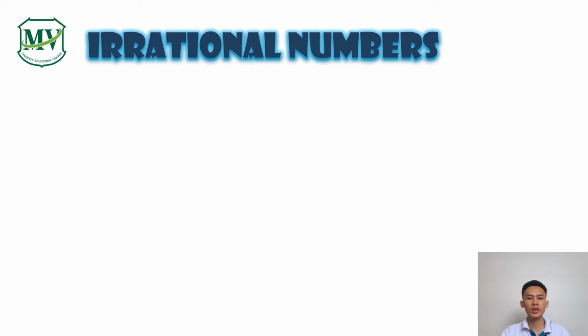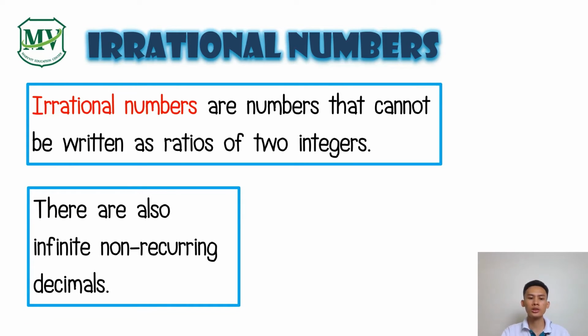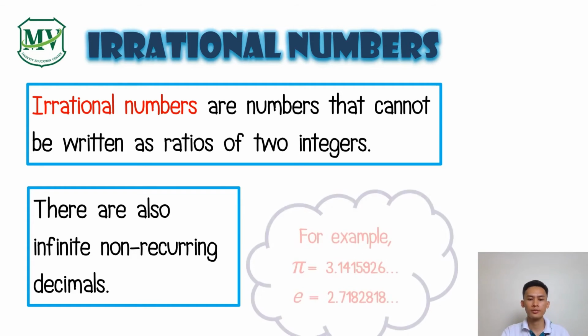So let's proceed to irrational numbers. What are irrational numbers? Irrational numbers are numbers that cannot be written as ratios of two integers. They are also infinite, non-recurring decimals.